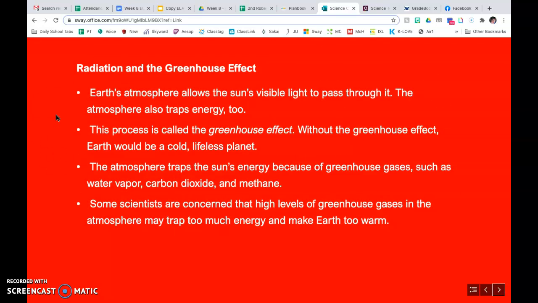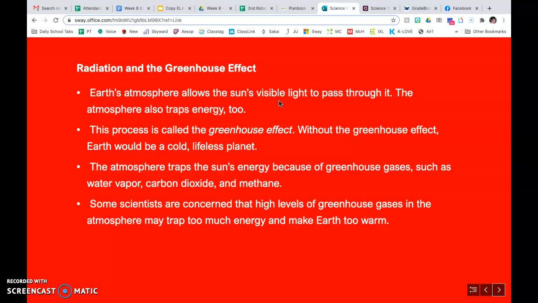All right, so we talked about conduction, convection, and radiation last time. Conduction, we said, was direct contact. Convection moves like in a circle, up and down. And then radiation is like the sun's rays, electromagnetic waves. So the Earth's atmosphere allows the sun's visible light to pass through it.